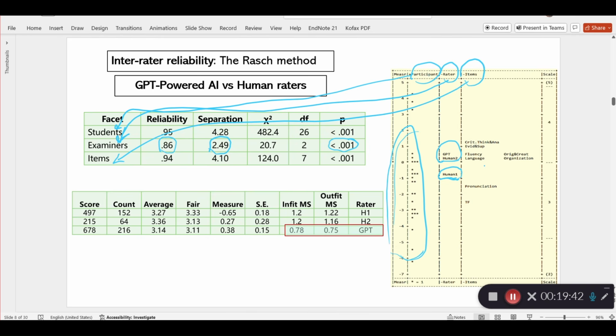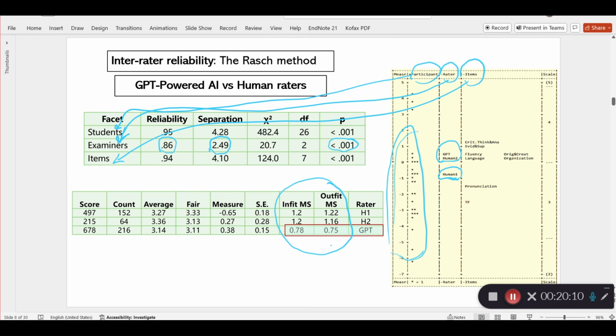And also we have some psychometric validity data here, infit mean square values and outfit mean square values. These reliability statistics are credible and useful only if the psychometric validity statistics are an indicator of good and psychometrically defensible measurement.